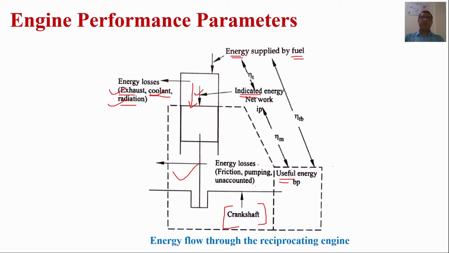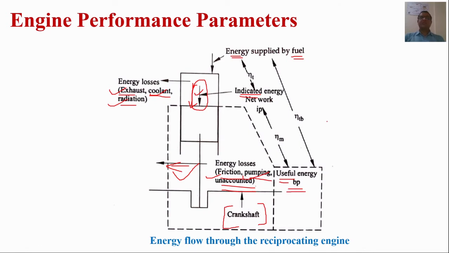So there are further energy losses in friction, pumping and various unaccounted sources. So all this indicated power cannot be utilized to develop useful work. Some portion is lost in friction, pumping and unaccounted losses. The remaining power is available at the output shaft of the engine, which is known as the brake power.